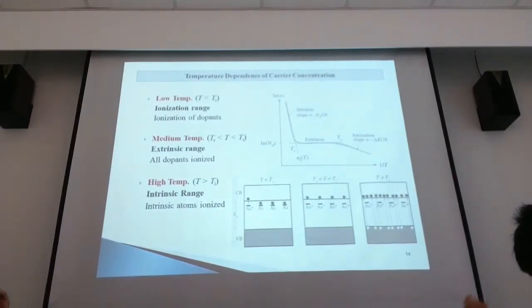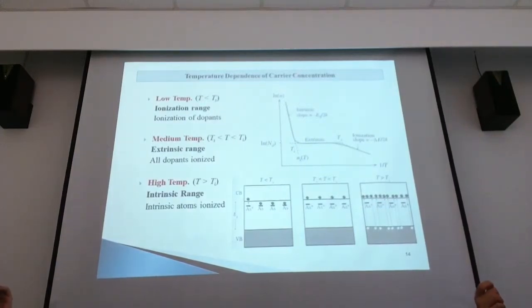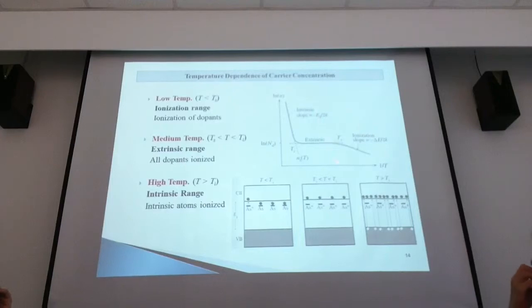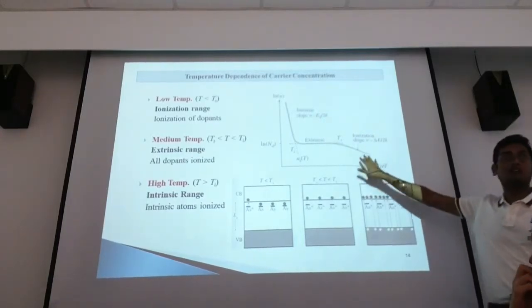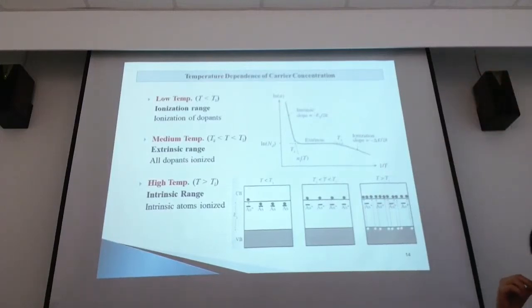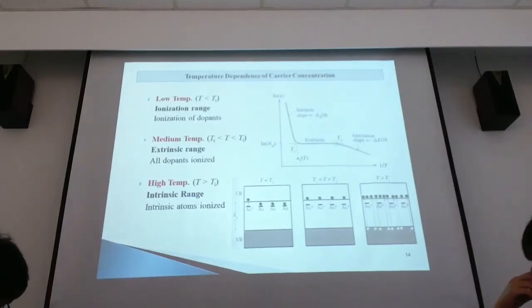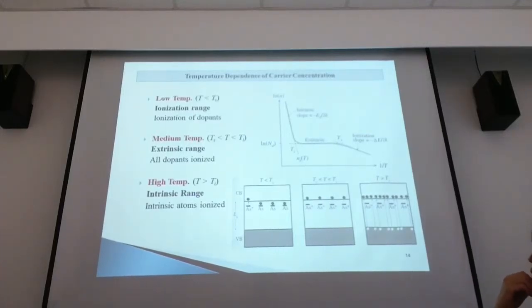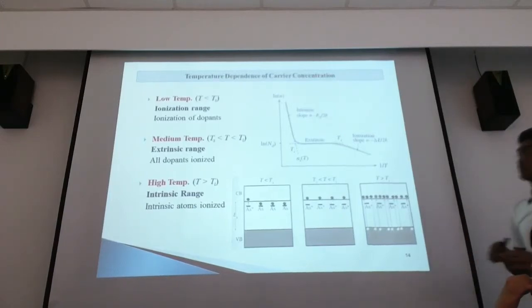So at higher temperature, we are in the intrinsic slope, and in the low temperature region, we have the ionization slope. In the middle part, it's extrinsic. We are going to find that intrinsic slope, which is Eg by 2k, from the measurement we are going to do today. That will give you Eg.